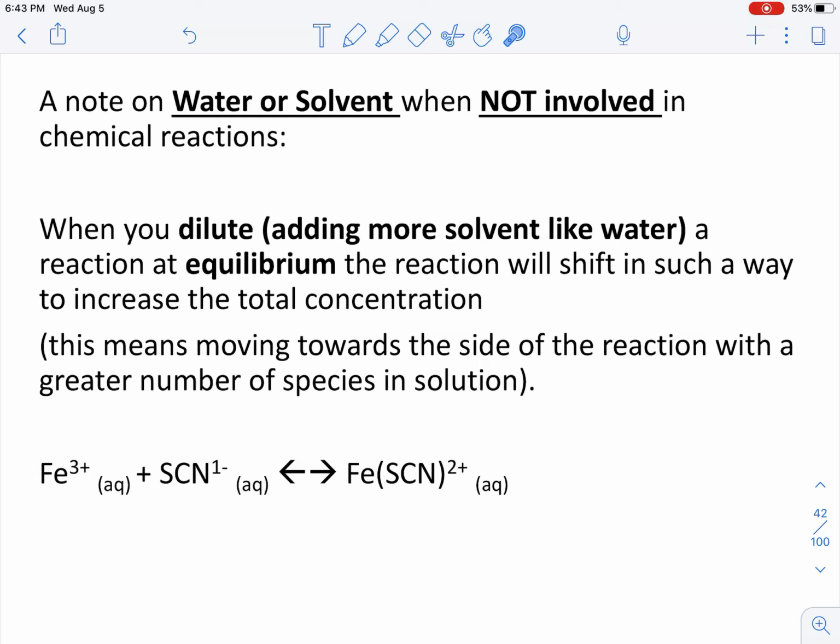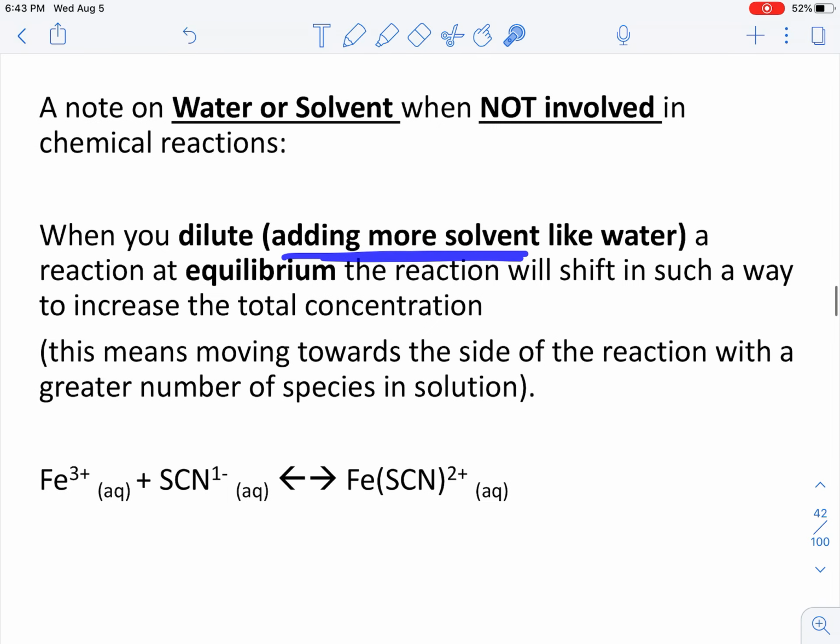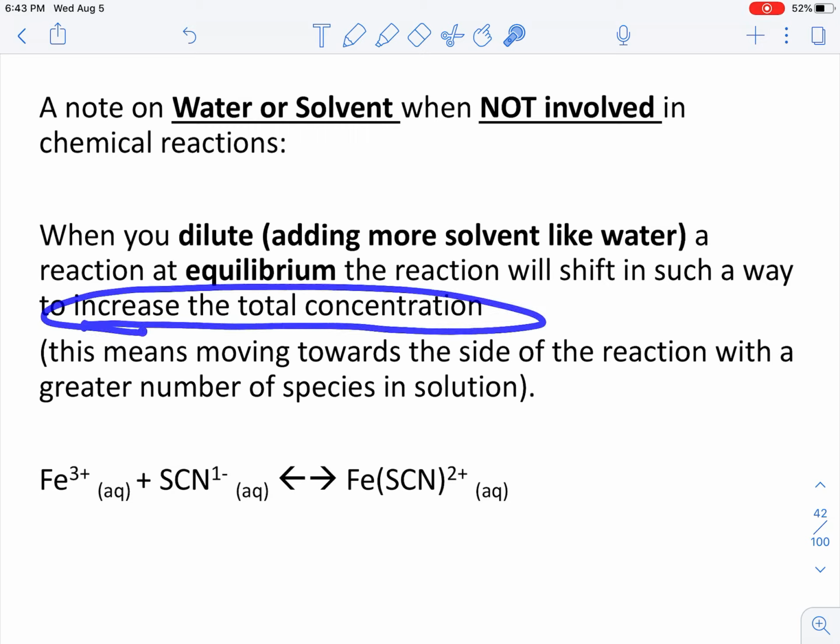And so let's go ahead and see how the reaction system will shift when more solvent is added. And so if we're adding water, and if we're treating water like a solvent, so we're adding solvent to the chemical vessel, the equilibrium will shift in such a way to increase the total concentration.